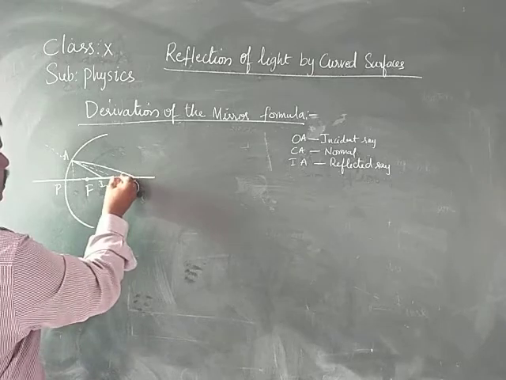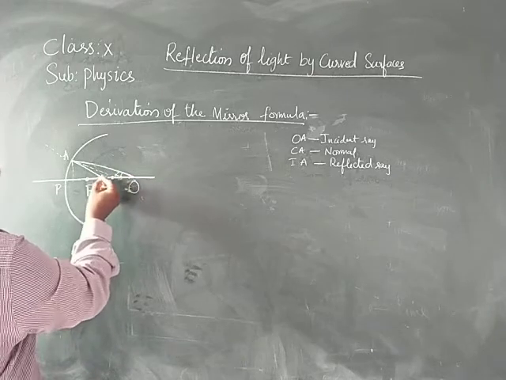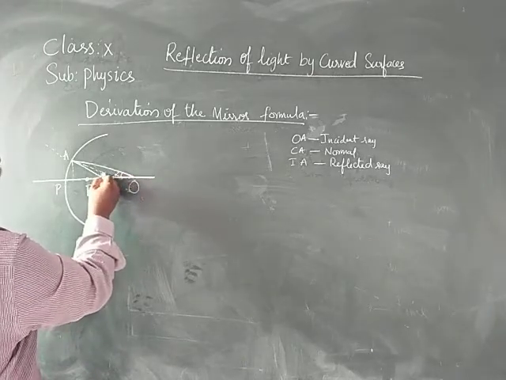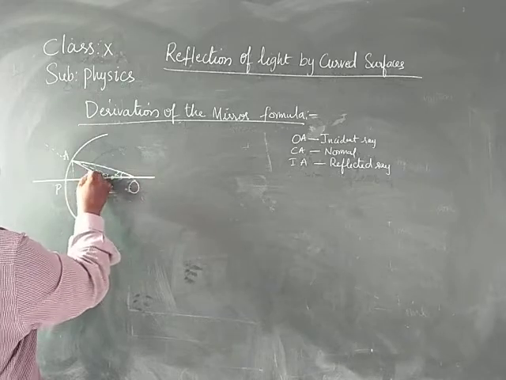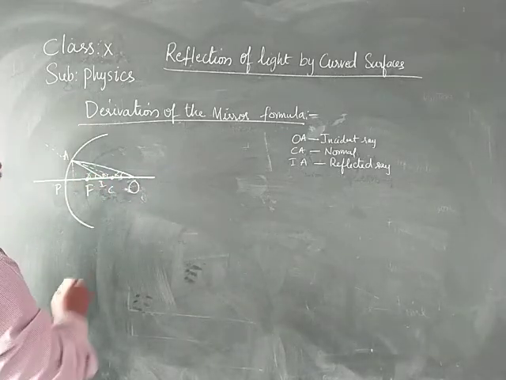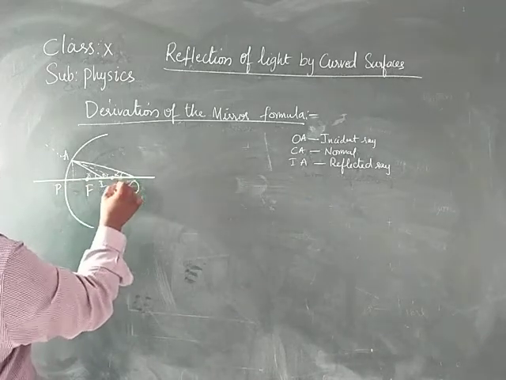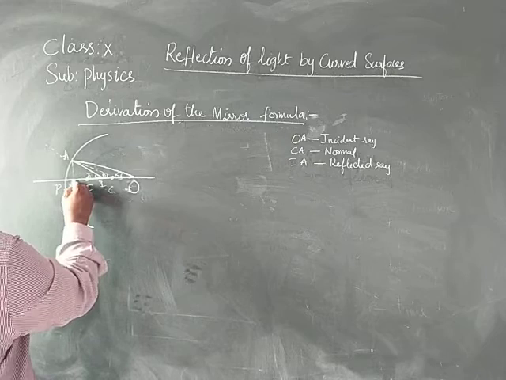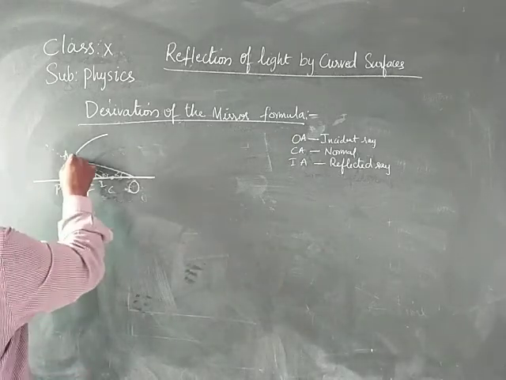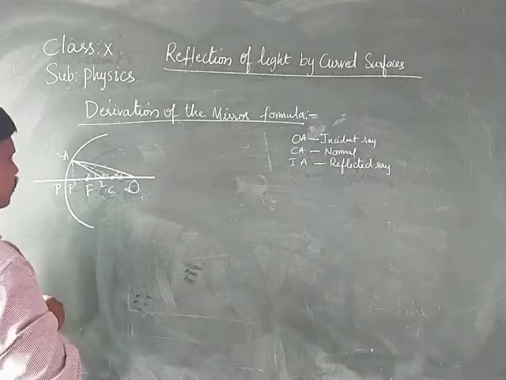Now we take this angle as alpha, this as beta, and this as gamma. I am taking three angles. I am taking this point as P dash, where the perpendicular line is drawn.